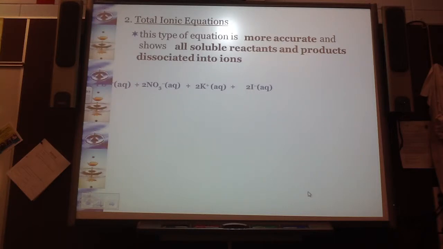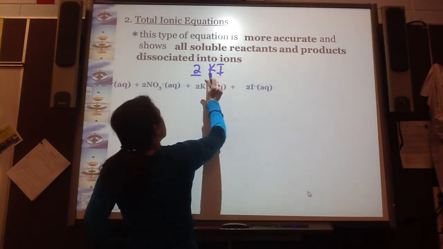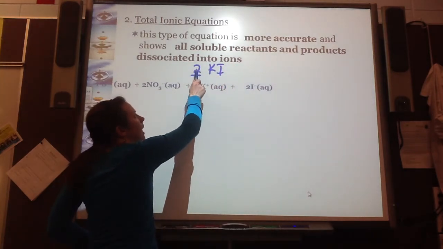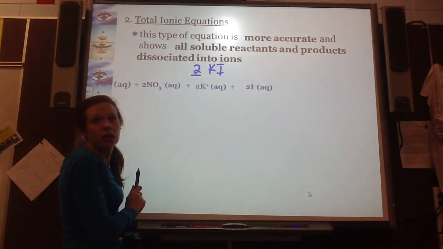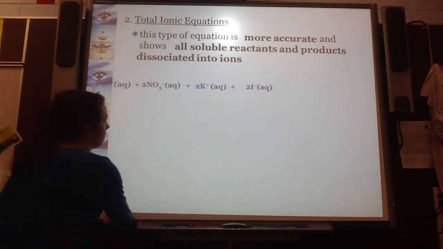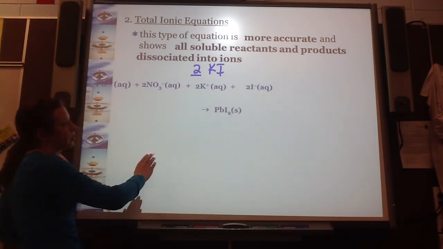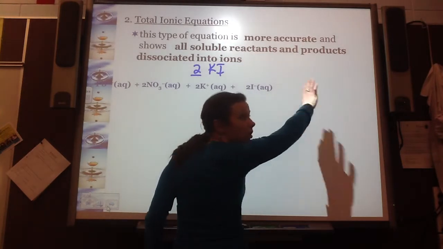And 2 iodide. Okay, because remember, here, it had a 2 in front of it, and it was KI, so I have 2 potassium and 2 iodide, okay? And then on the other end, I'm just going to show this below because there's not enough space, but you can put your arrow here, that's fine.